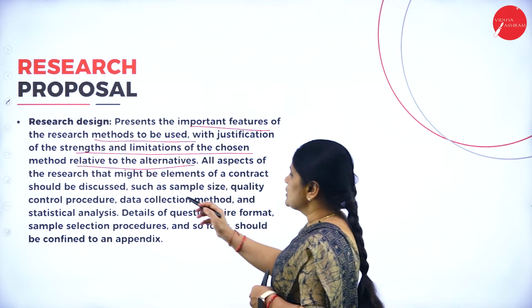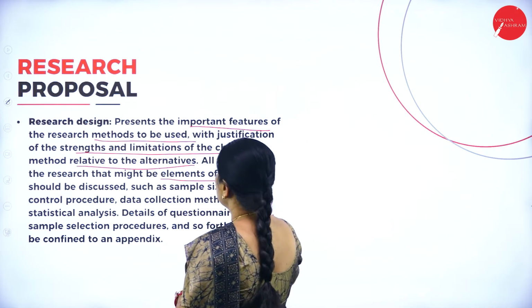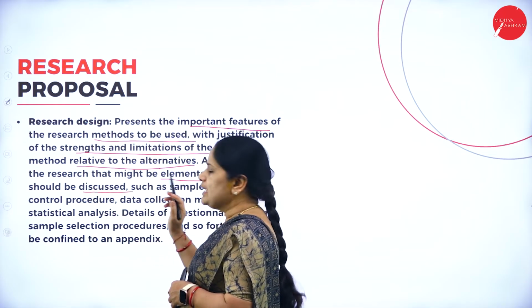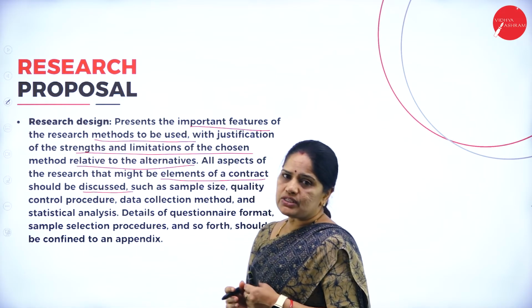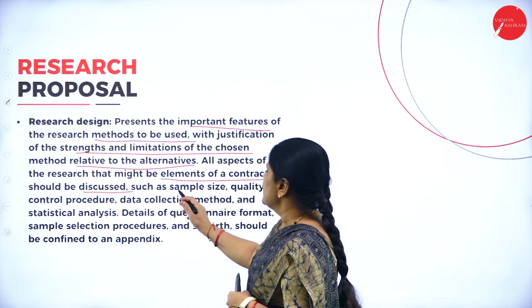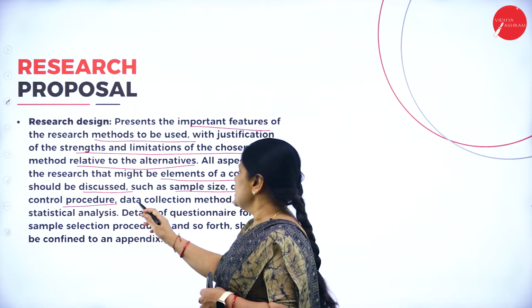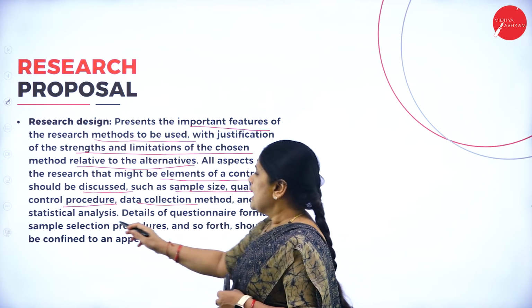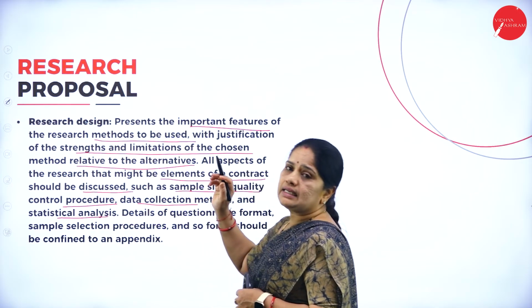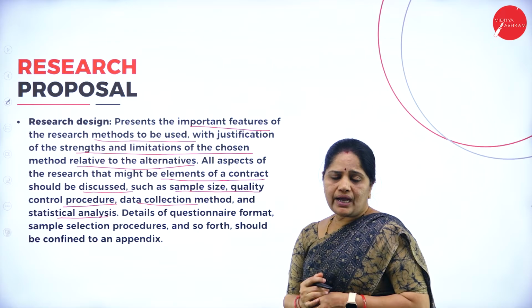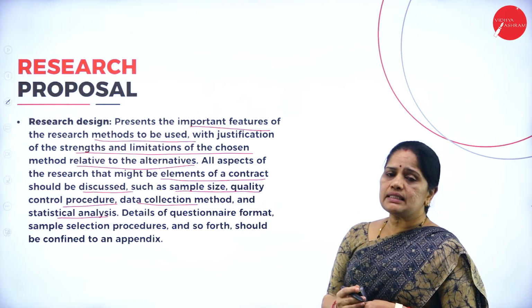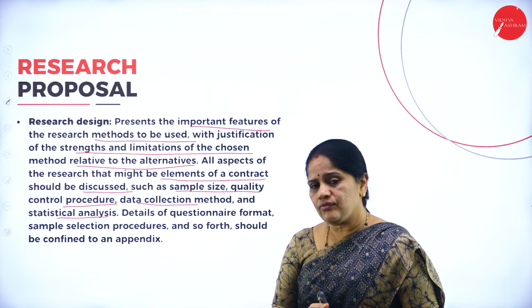All aspects of the research that might be elements of a contract should be discussed, such as the sample size, quality control procedure, data collection method, and statistical analysis. Research is nothing but collection of important information.